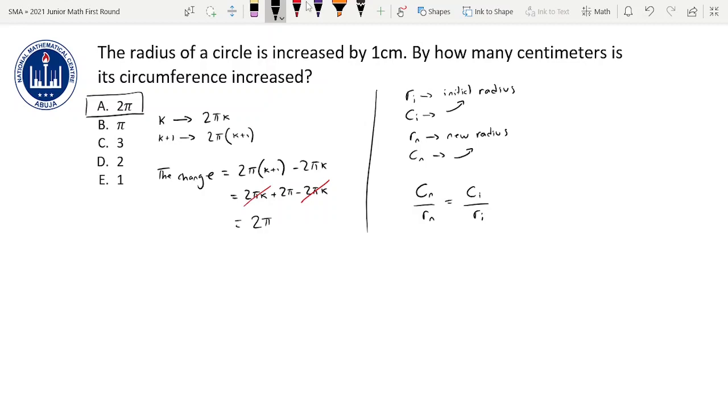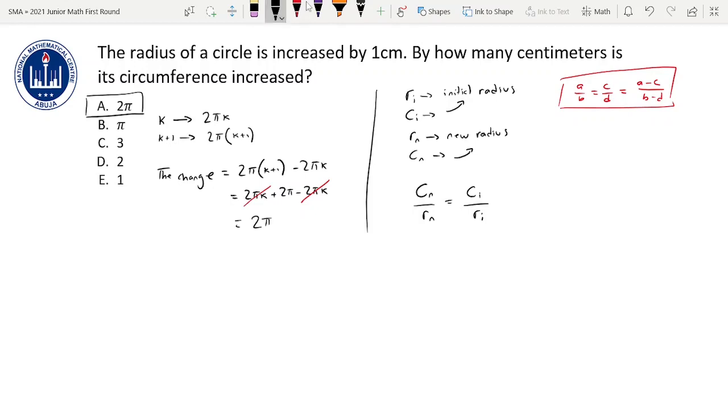And at this point, we're going to make use of an interesting thing. I don't know if I'll call it an identity. If you have that A over B is equal to C over D, then this is also going to be equal to A minus C divided by B minus D. I think this has a name, but I can't remember the name right now. But this is what we're going to make use of here.